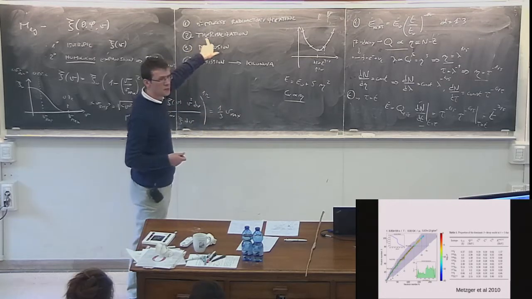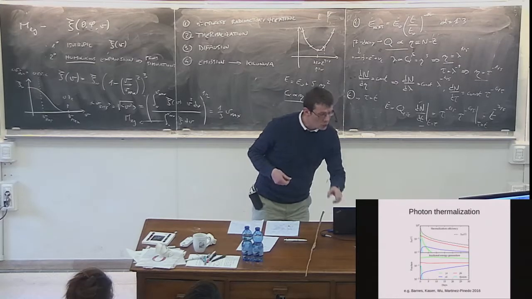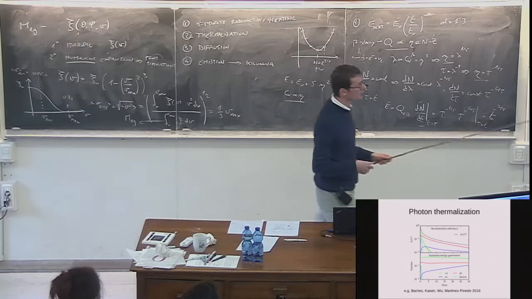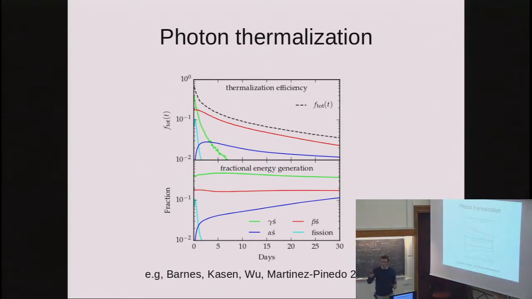Gabriel mentioned something about thermalization, and this is a very complicated business, so I won't go into that. I just want to show you the result of this paper from Jennifer Barnes and collaborators. So you ask yourself, okay, the nuclear decay produces a certain amount of energy. How much of this energy stays in the matter? Or in other words, how much of this energy am I not able to thermalize?